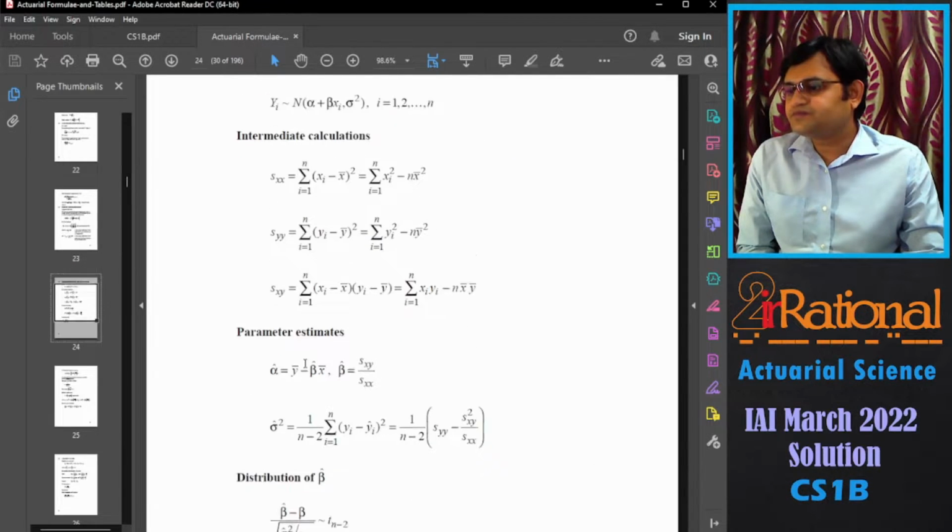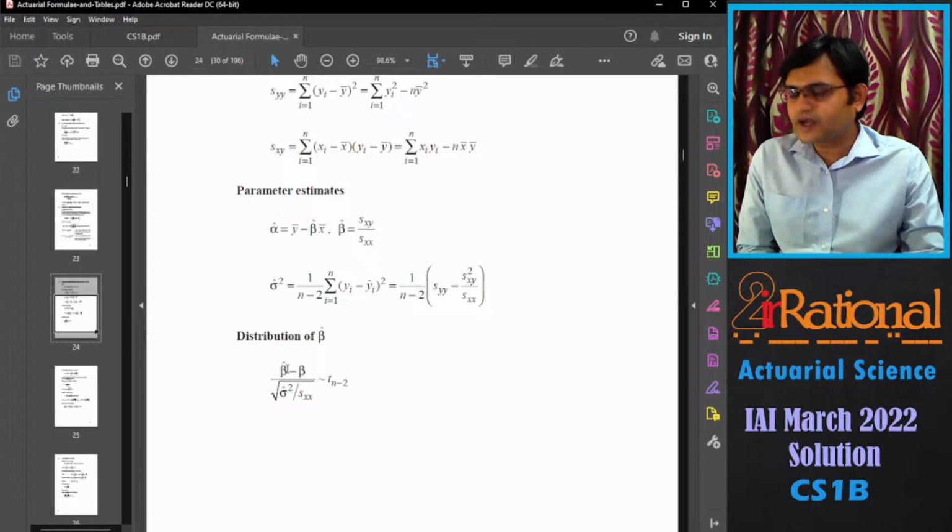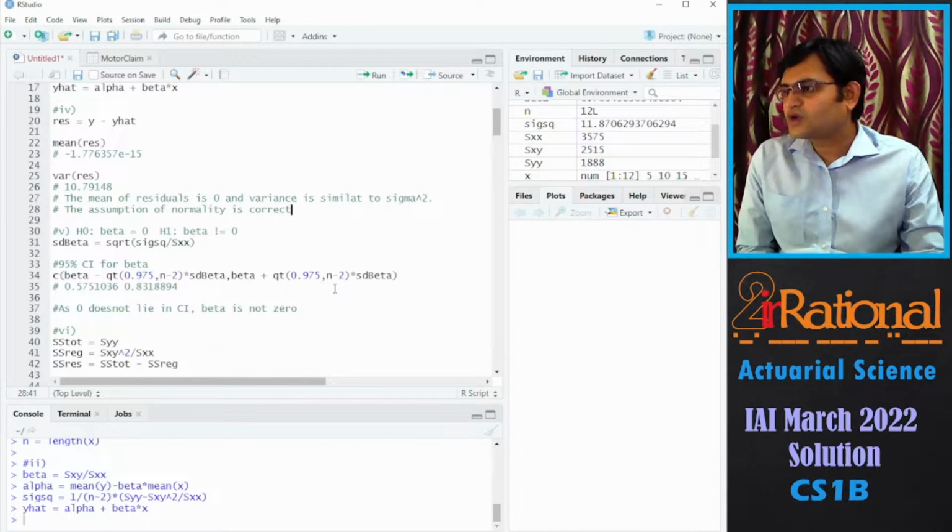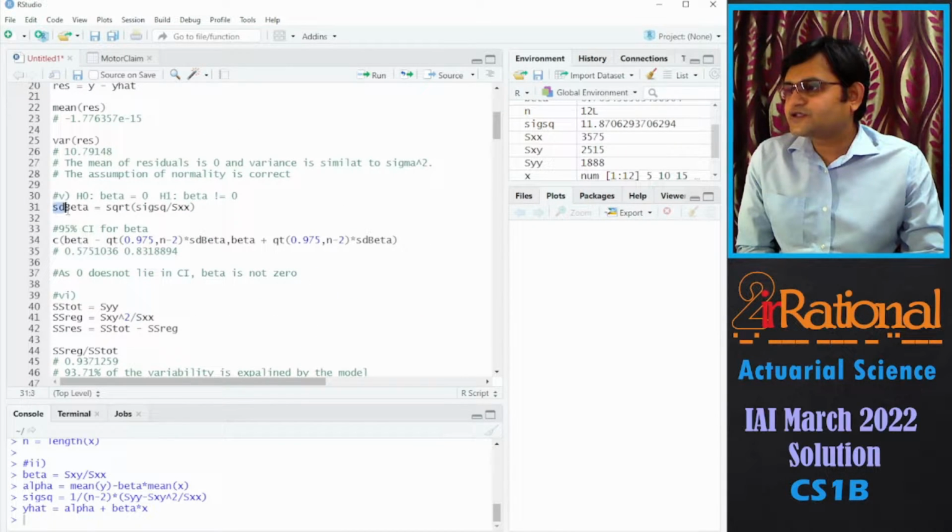So first of all, our beta hat minus beta upon under root of sigma hat square upon Sxx, this becomes nothing but the test statistic. Degree of freedom is going to be n minus 2. Using that, we have to make a 95% confidence interval. So here, first of all, I calculated the standard deviation of beta, that would be square root of sigma square by Sxx.